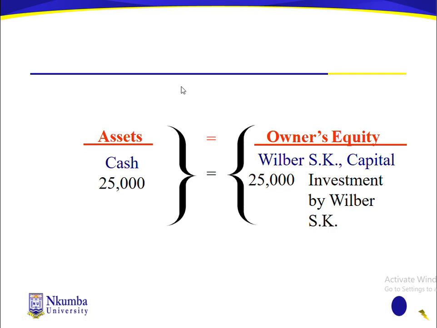So we are able to see here the accounts that are being affected. Owner's equity has increased, and also the assets at the bank are increasing, because cash at bank is an asset. So cash is increasing and owner's equity is increasing.